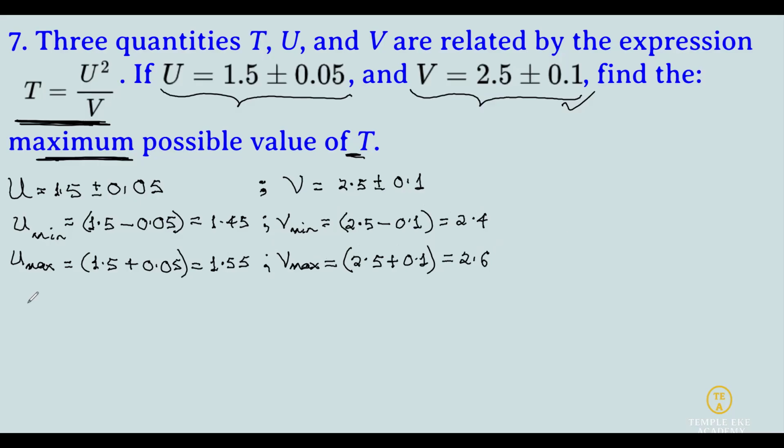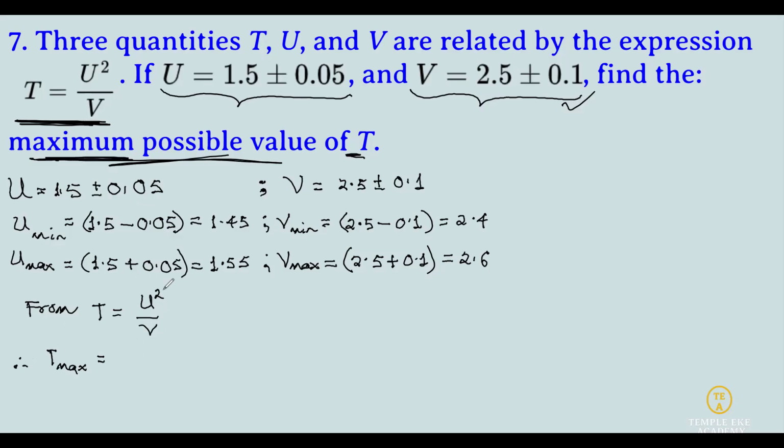Now, from our expression, T equals U squared divided by V. It implies that we can find the maximum possible value of T, T maximum. So can you pause the video and decide what the maximum value of T will be given by?